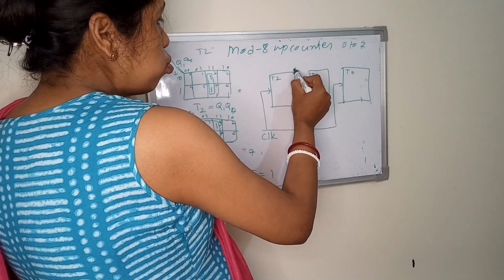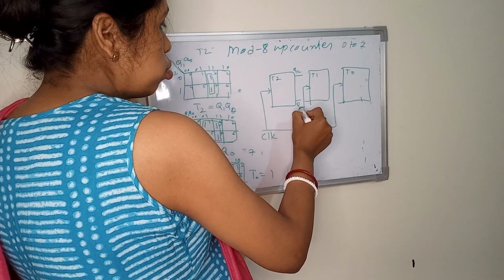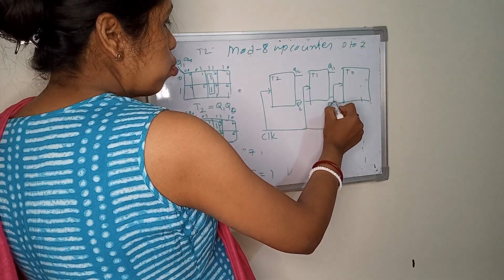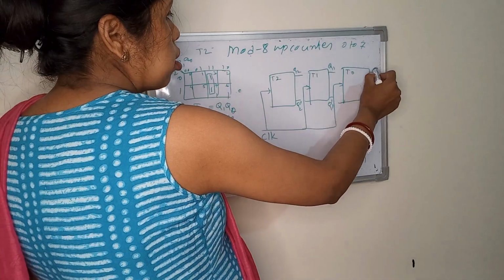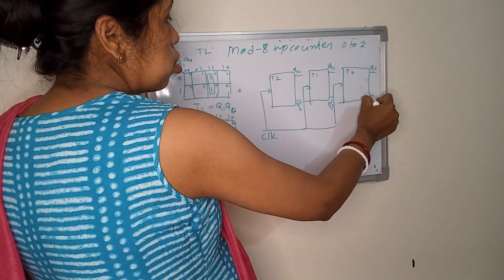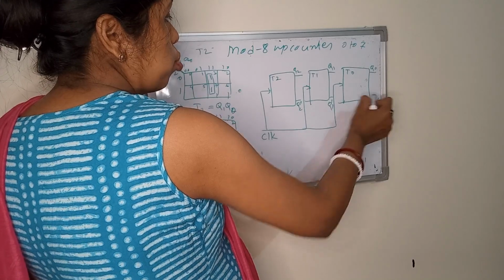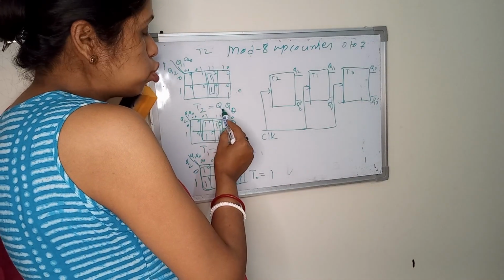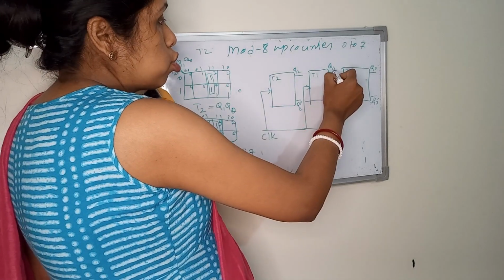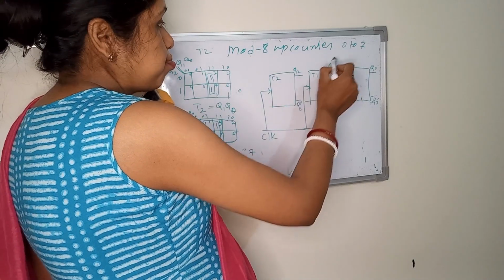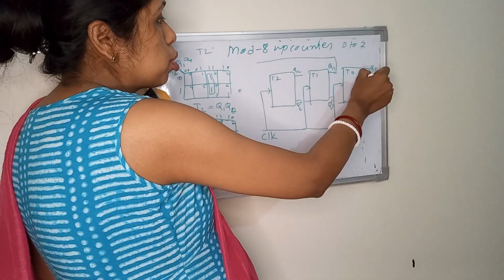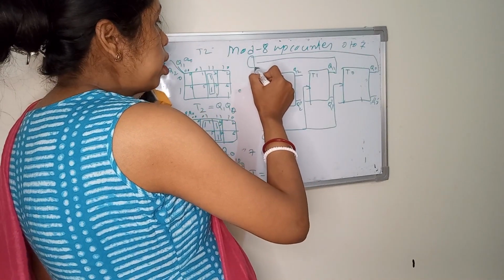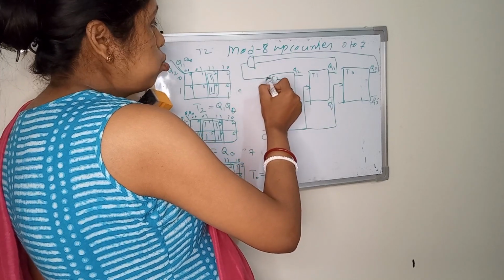So we have Q2, Q2 prime, Q1, Q1 prime, Q0, Q0 prime. So what is your T2? T2 is the AND operation between Q1 and Q0. This is your T2.